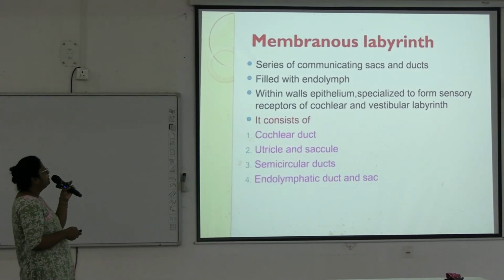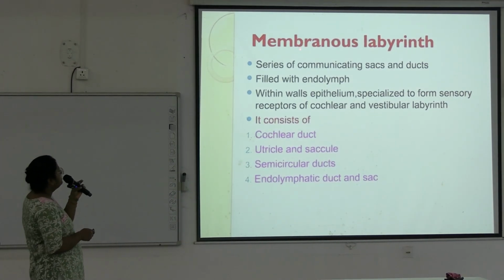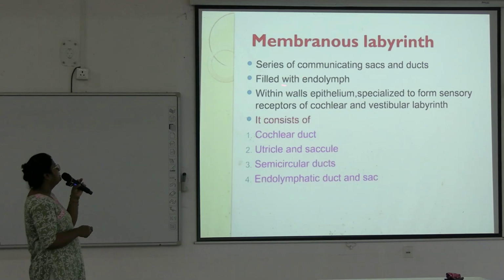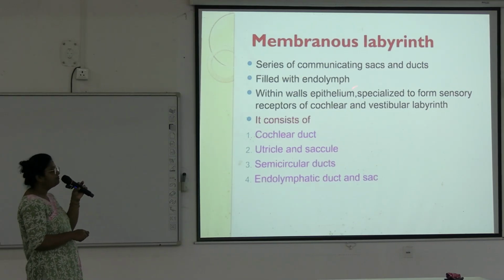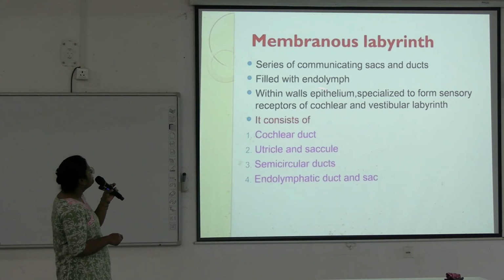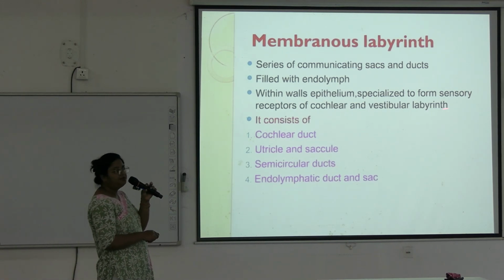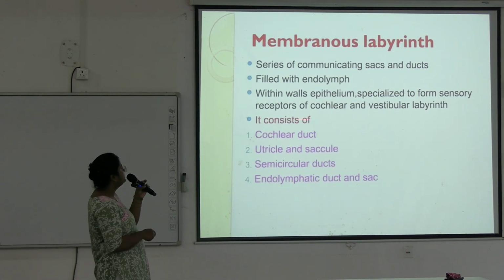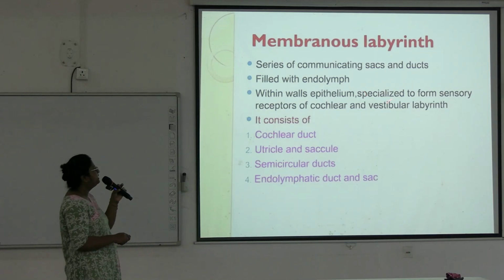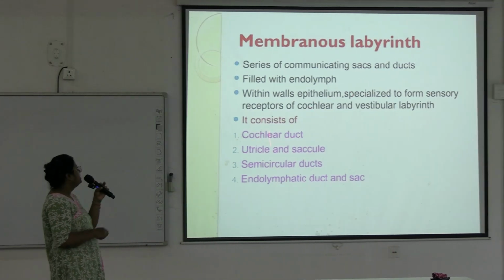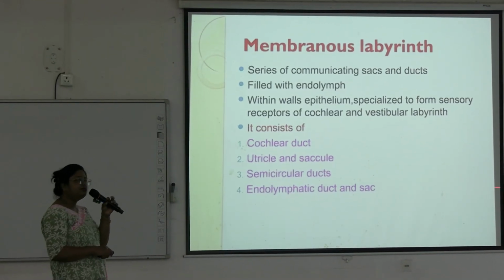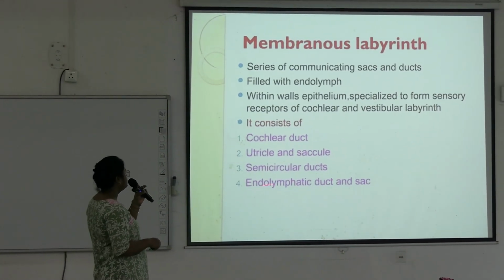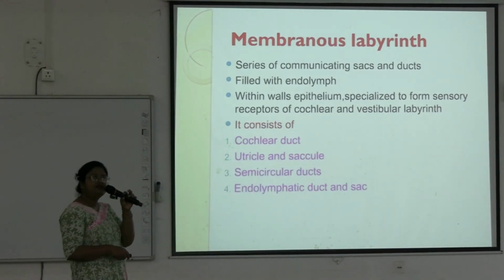Next we are going to the membranous labyrinth. The membranous labyrinth is a series of communicating sacs and ducts filled with endolymph. Within the walls, the epithelium is specialized to form the sensory receptors of the cochlear and vestibular labyrinth. It consists of the cochlear duct, utricle and saccule, semicircular ducts, and endolymphatic duct and sac.